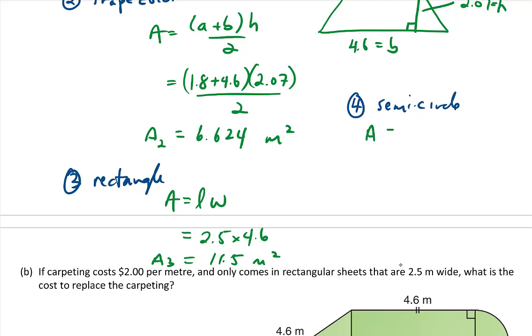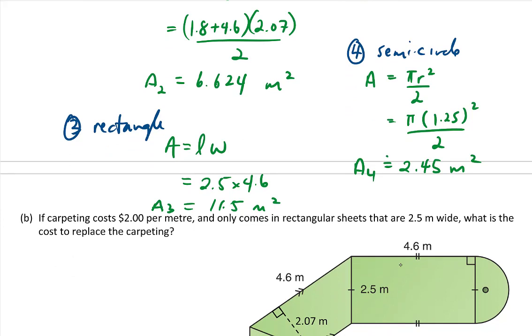So the area of a semicircle is going to be pi r squared divided by 2. Half of a circle. So we get pi times 1.25 squared divided by 2. And our final section has an area of 2.45 meters squared. So this one's the approximate answer.